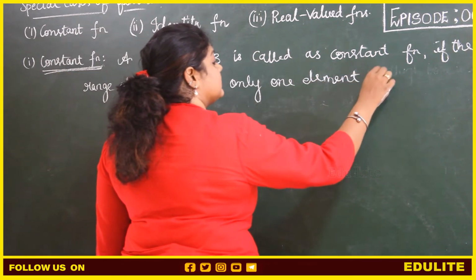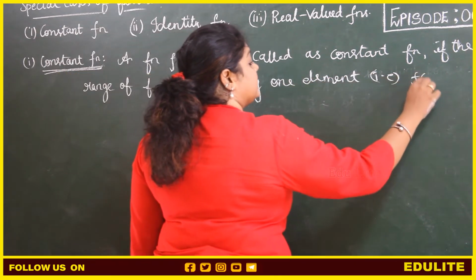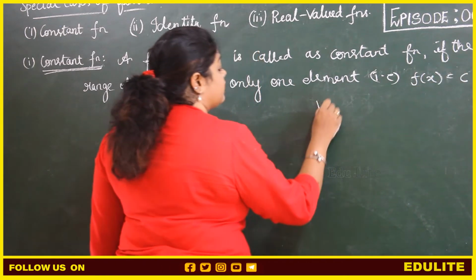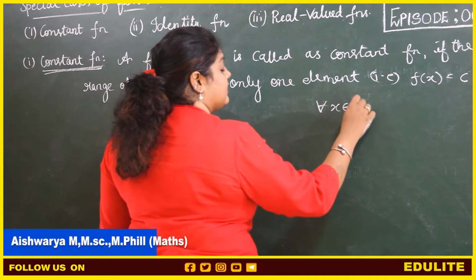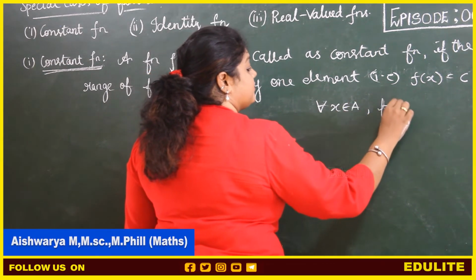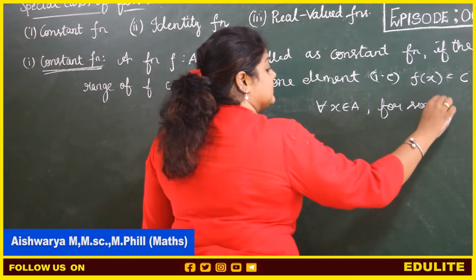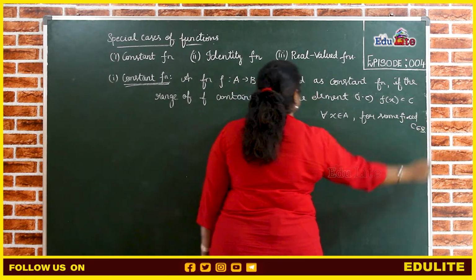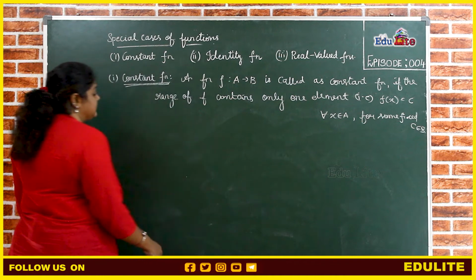That is, f of x equals c for every x in A for some fixed c in B. What does it mean is, let me explain with an example.